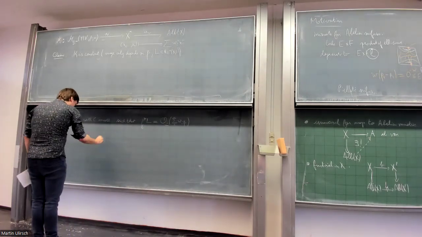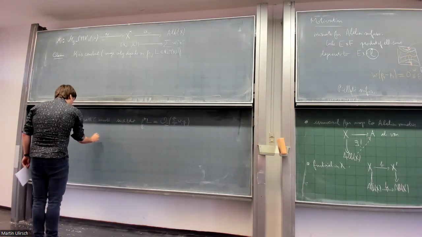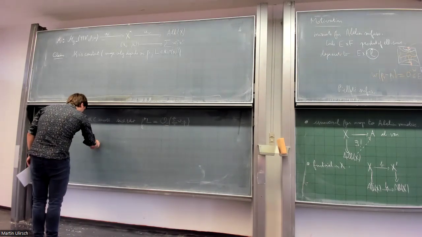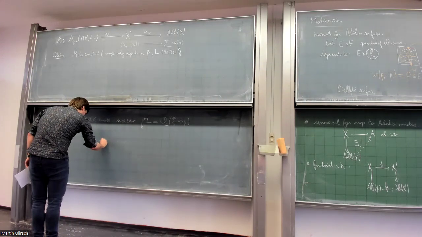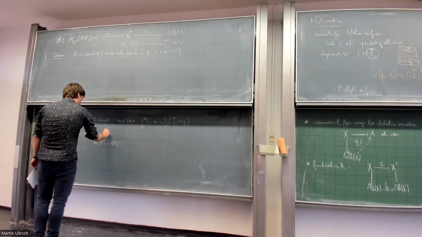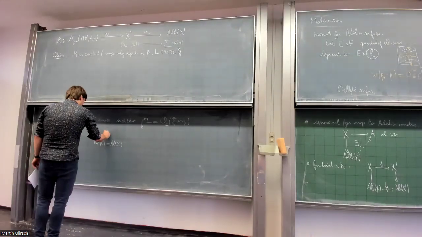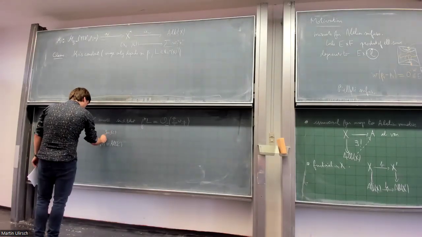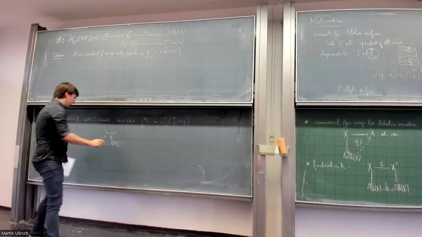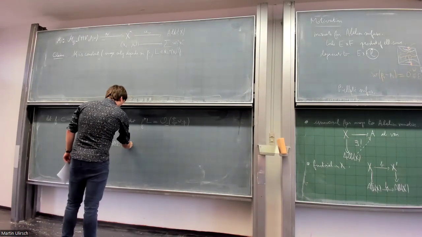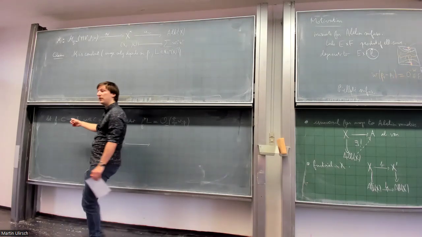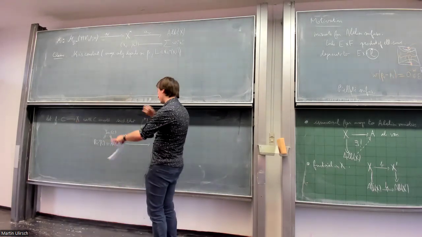Okay. So let's start with Pic 0 of C, which in this case is also the Albanese variety of C, which is exactly its Jacobian. For curves, you know it. Then, since I have a map from C to X, I have a map between the Albanese varieties. Just I push forward my points.